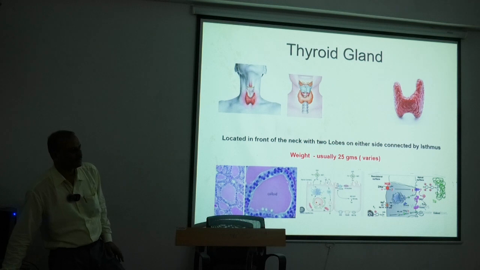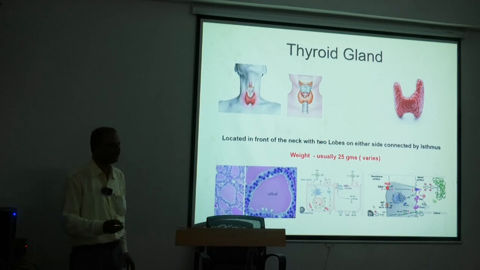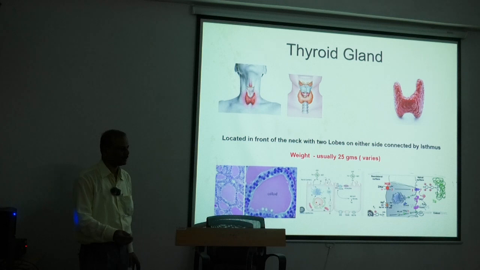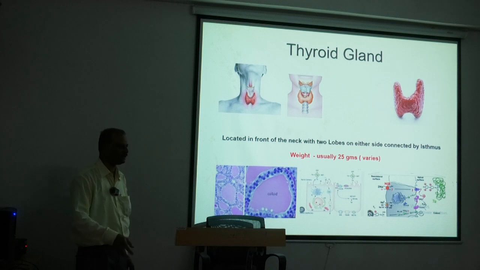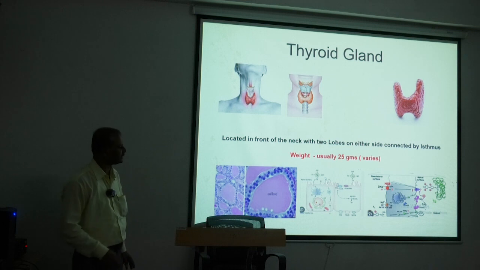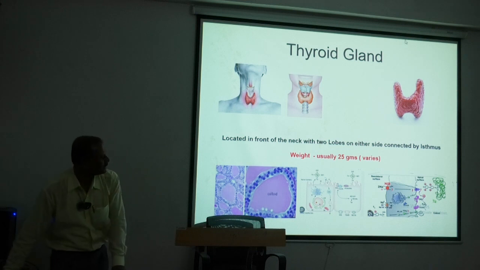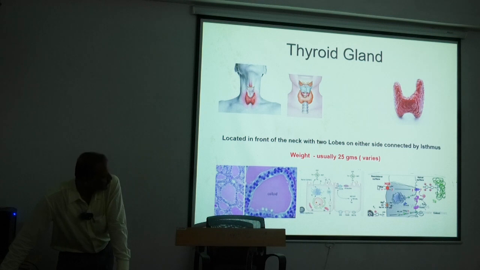Normally we take iodine from the diet, that iodine is absorbed by the intestine and then transported through the blood into the thyroid gland where it is taken up. This I am going to tell you step by step in detail. So this is one cell. I am now concentrating on this cell itself.